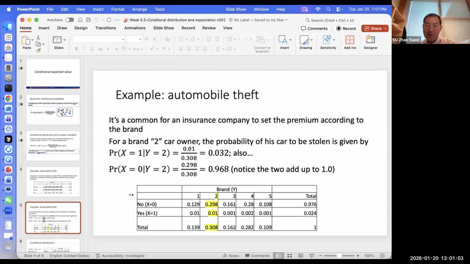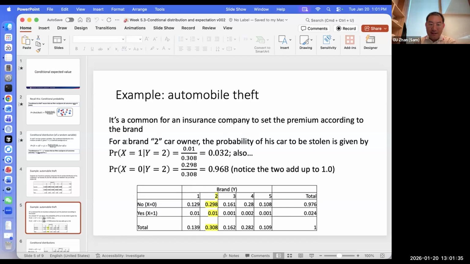Next we want to find, for a brand 2 car owner, the probability of his car being stolen. We're saying Y equal to 2. Y equal to 2 is only these two numbers. Then brand 1, brand 3, 4, 5: the rule of thumb is just ignore them. Only focus on Y equal to 2, where you only have two numbers.